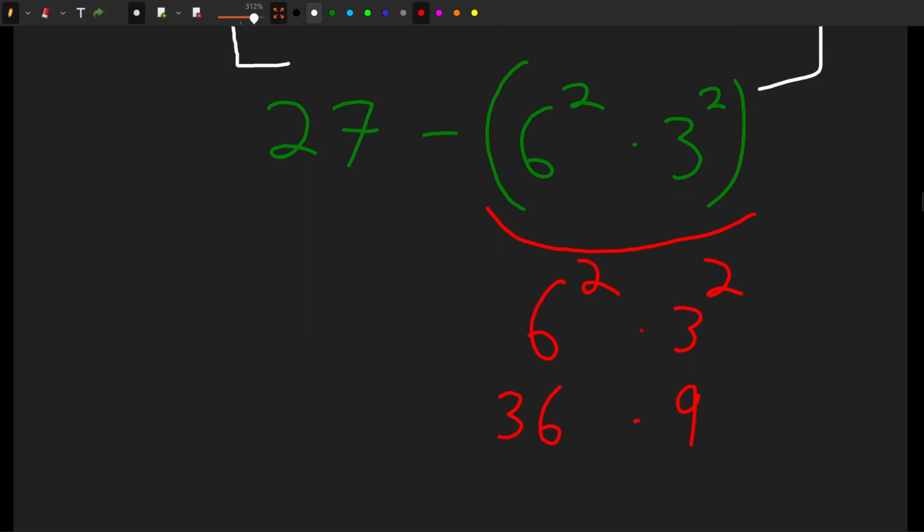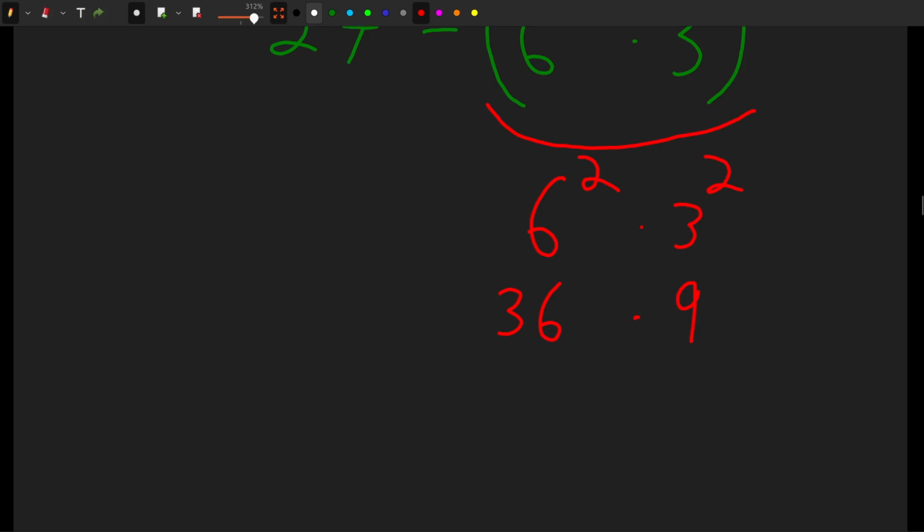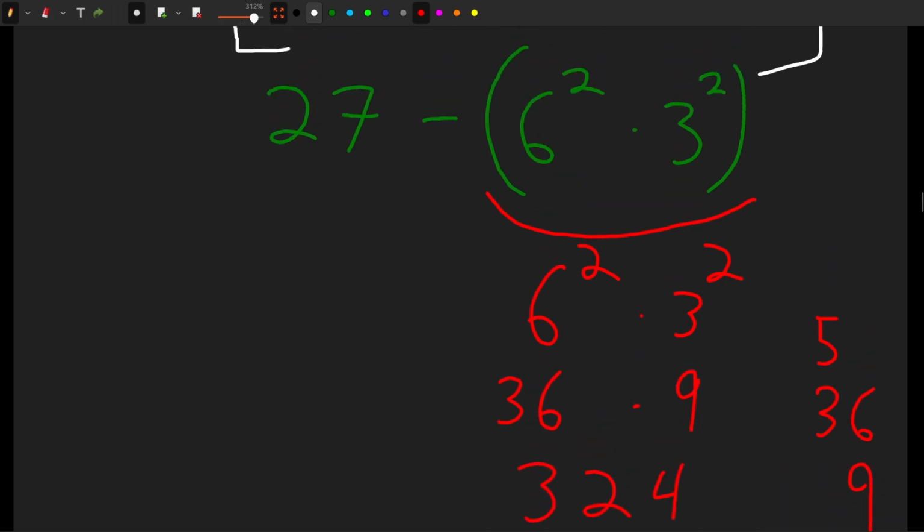And so now what is 36 times 9? Well, actually, let's just go ahead and work it out by hand. 36 times 9. 6 times 9 is 54. Carry the 5. 9 times 3 is 27, plus 5 more is 324. So this is 324. Now I'm going to need to combine that with the 27 in our inner group.